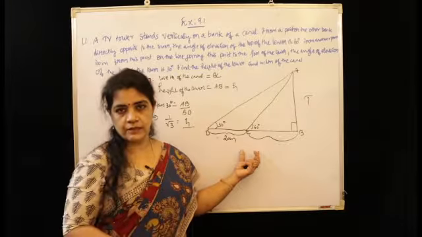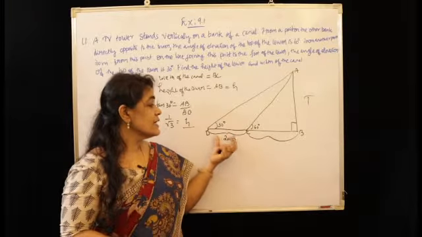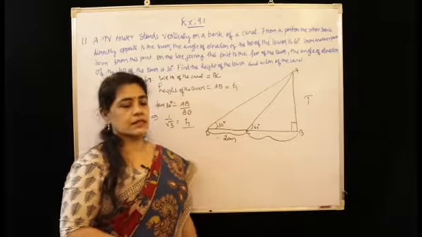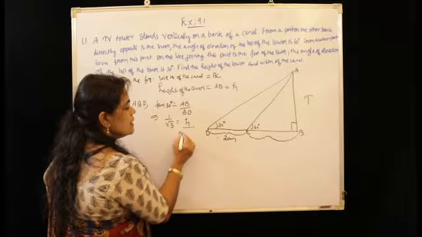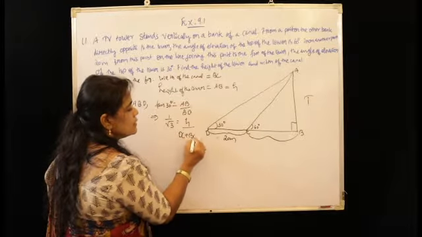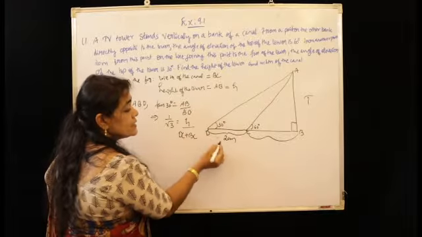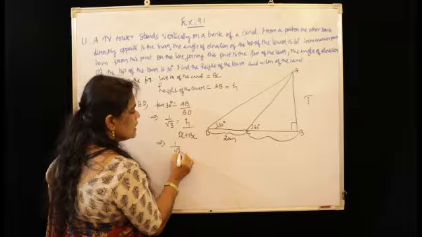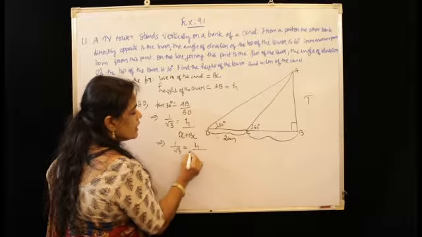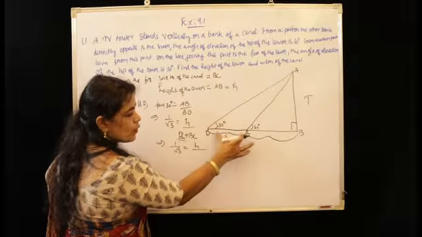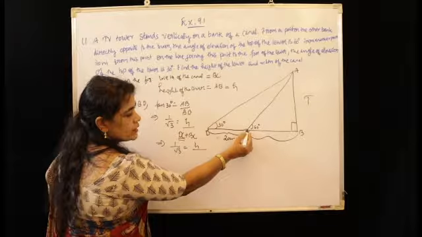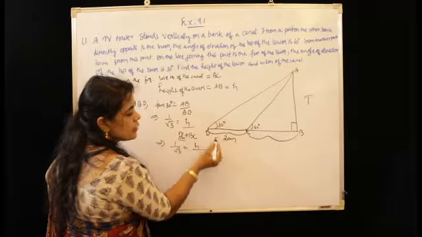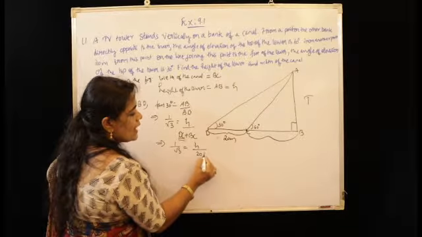BD we can split, okay, such a way that DC plus BC. DC plus BC. Okay, so let it be, and DC we have given as 20. So 1 by root 3 equal to h divided by DC, from this point to this point is 20, that is given, and BC.